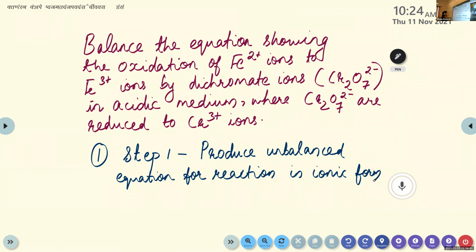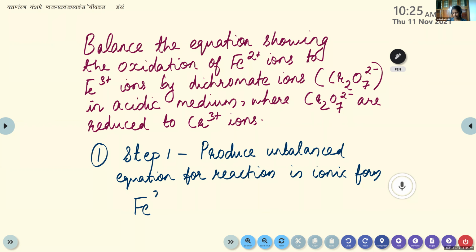So can you tell me which are the reactants in this reaction? Reactants. Malavika, can you tell me the reactants? Cr2O7 2 minus. Then only that one? Two reactions, right? Oxidation and reduction. Fe2 plus. Fe2 plus, very good.